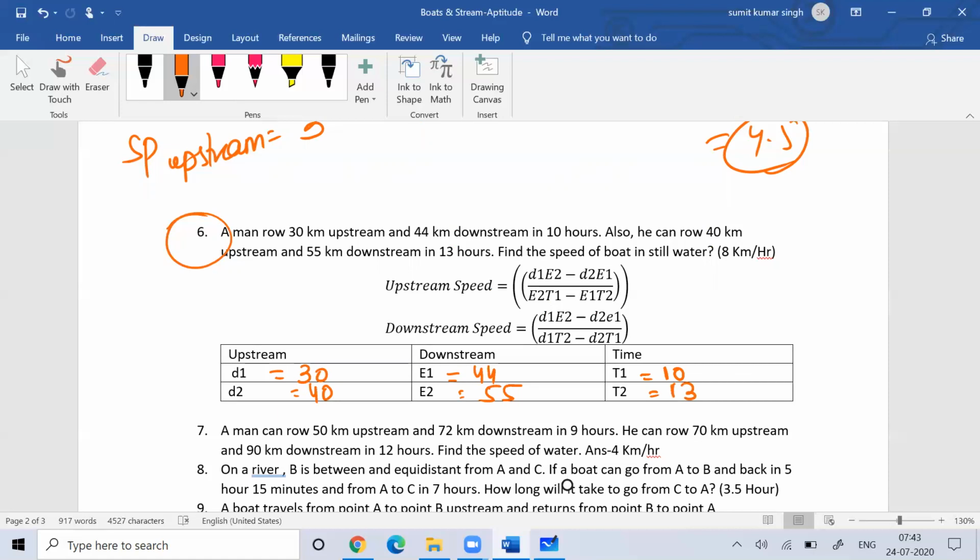So this is the shortcut formula. For the upstream speed, the numerator is D1 E2 minus D2 E1.